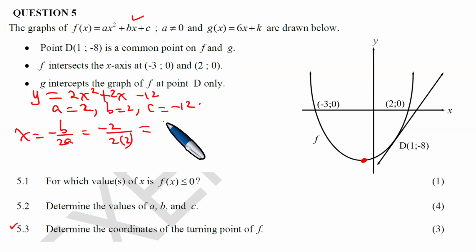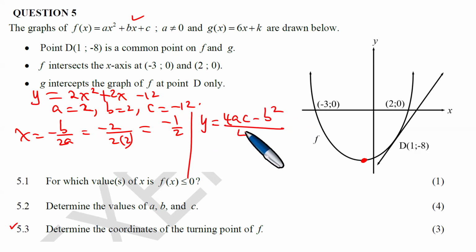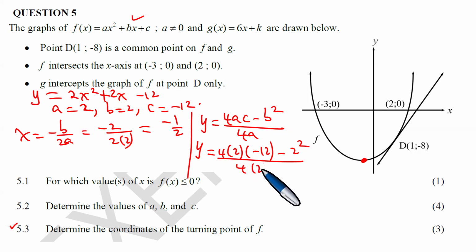Two cancels, giving us 1/2, which is (4ac minus b squared) over 4a. a is 2, c is -12, b is 2 squared, a is 2.